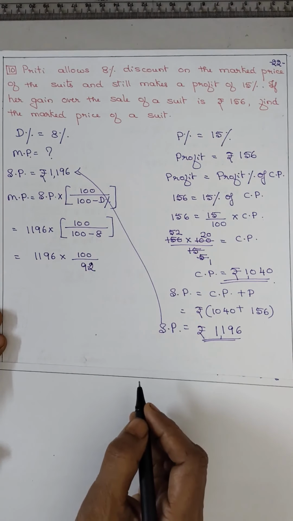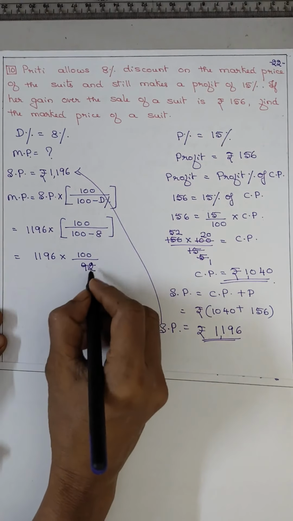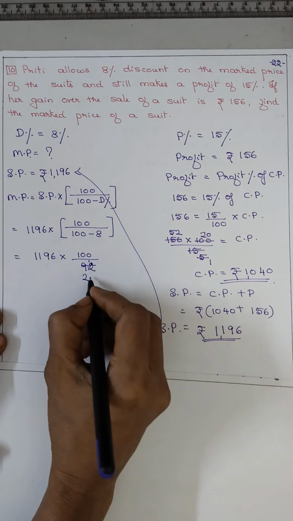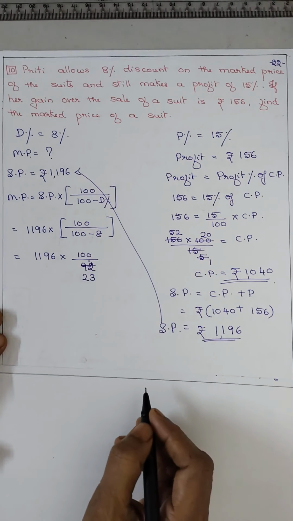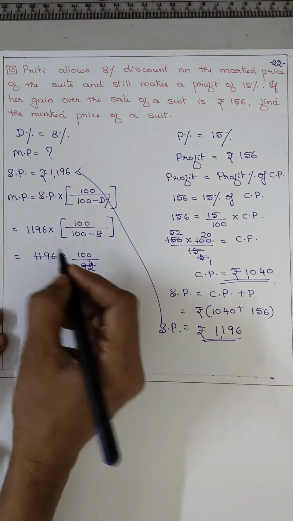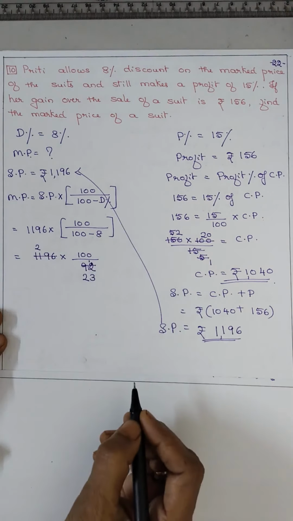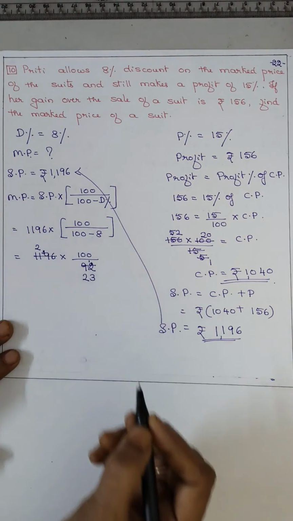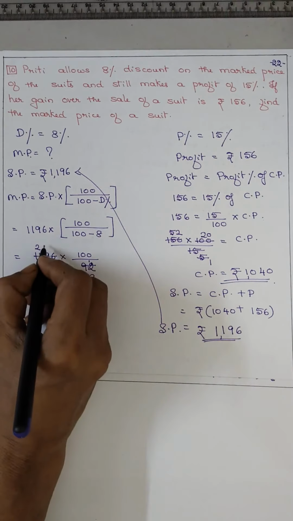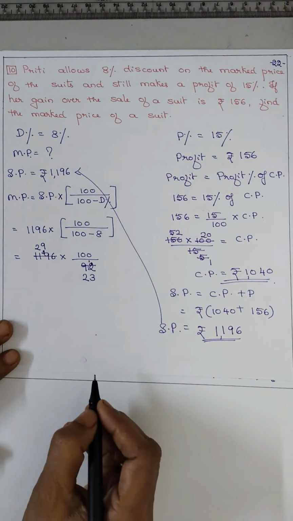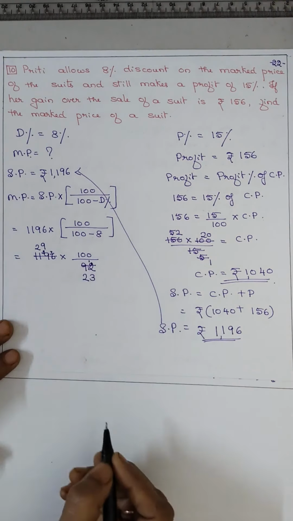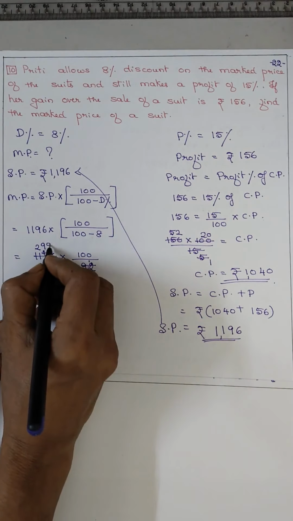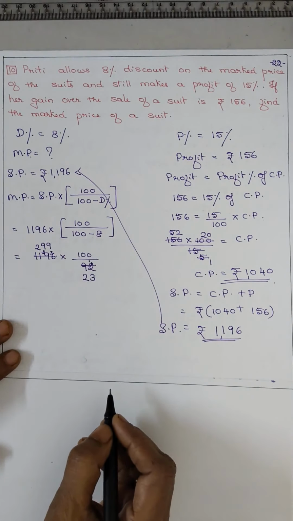Okay, now 4 2s are 8, 1 remains, 4 3s are 12. 4 2s are 8, 9, 10, 11, 3 remains. 4 9s are 36, again 3 remains. 4 9s are 36.